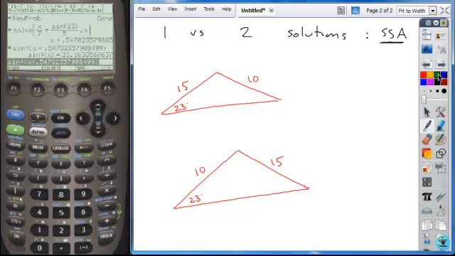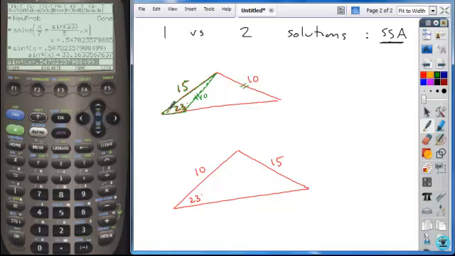Okay? The comparison is if the side opposite the given angle is smaller. So think about it. If this is smaller than 15, is it possible for us to swing this piece back over here and form a second triangle with the same angle of 23, side of 15, and opposite side of 10? Yeah, now think about, because you're forming this isosceles triangle in here.